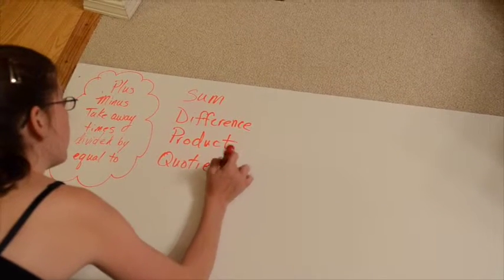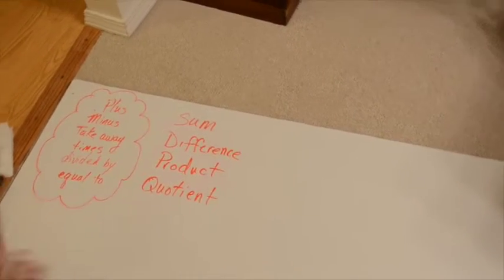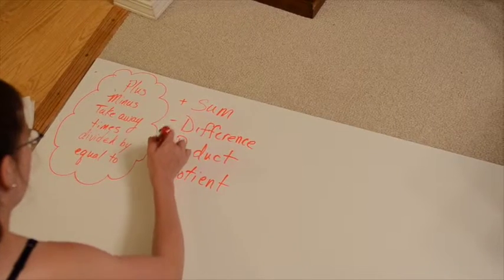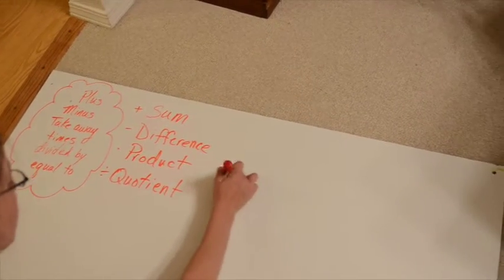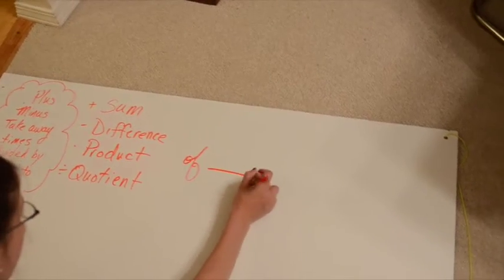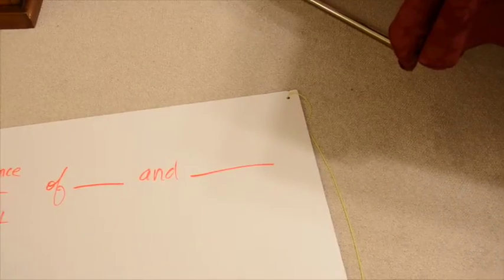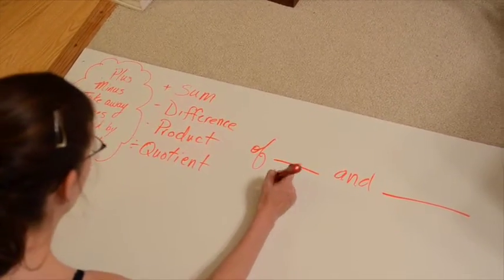Part of the reason for the trouble is that those words are not by themselves. You almost always have, for the adding, subtracting, multiplying, and dividing, the next words will tell you of something and something else. And what makes it more difficult is both of those could be an entire phrase.